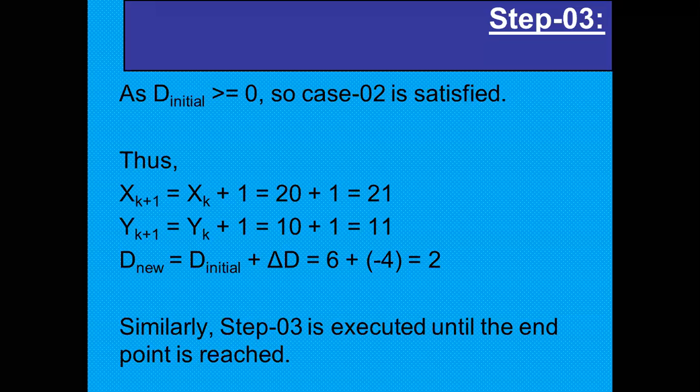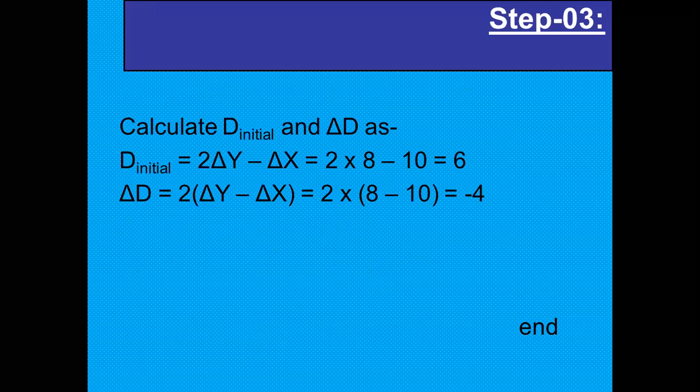D initial we already know. We are checking the condition: if d initial is greater than or equal to 0, then we apply the method given below, and again we calculate the value of d. So every time we will again calculate the value of d. So d new is equal to d initial plus delta d. Now we can see d initial plus delta d, where d initial is as given here.